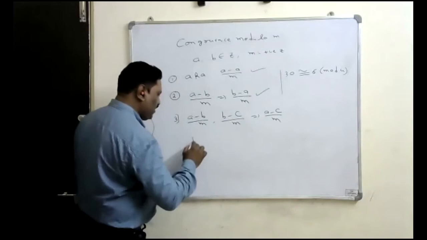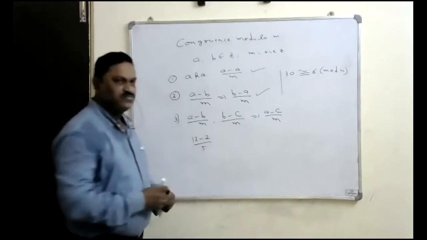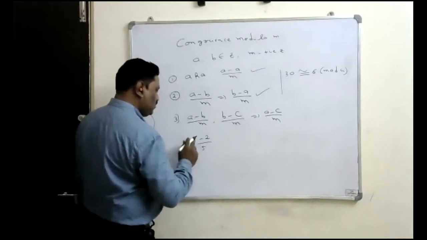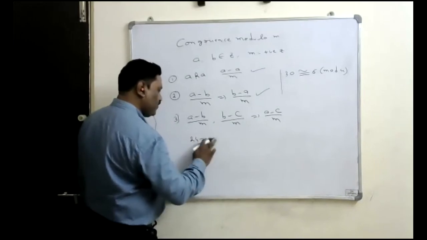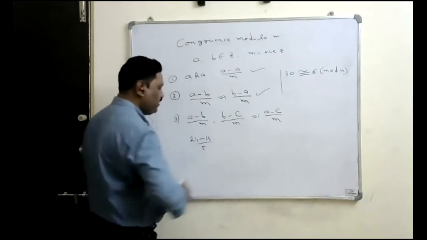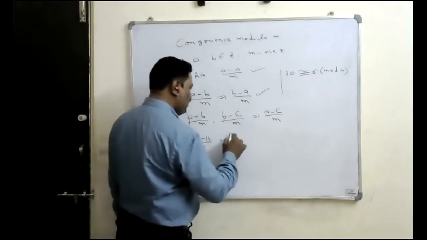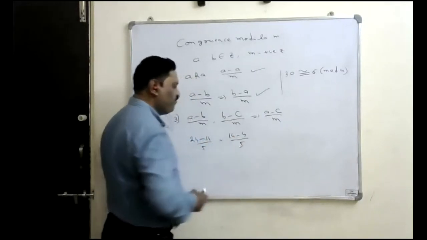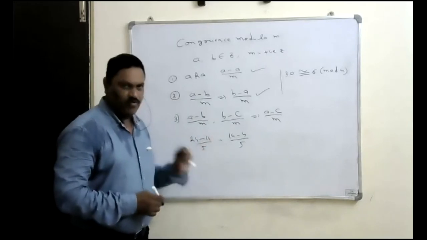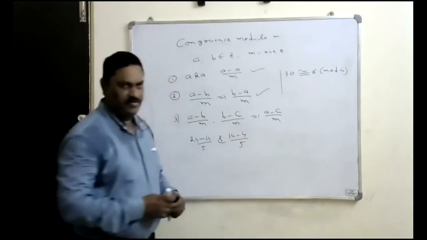Suppose for example I take 24 minus 14, which is 10, divisible by 5. Similarly, 14 minus 4 is also divisible by 5.